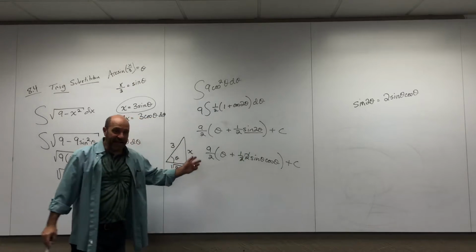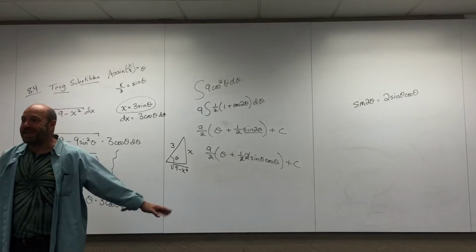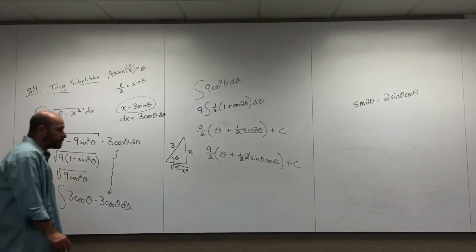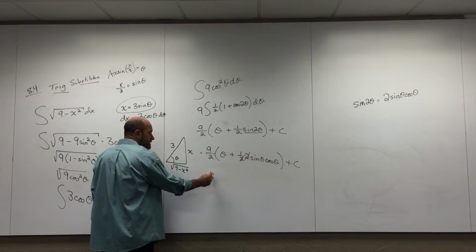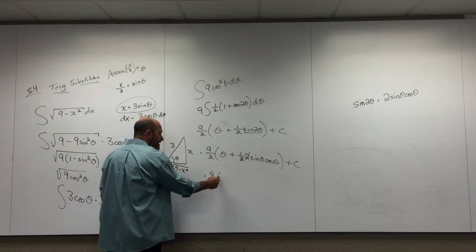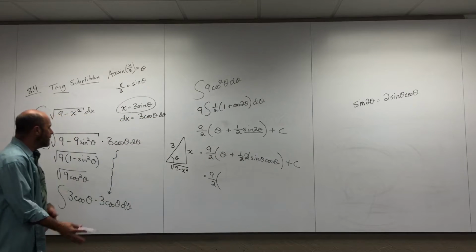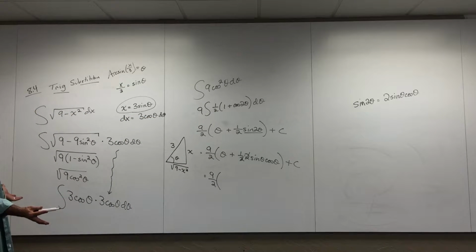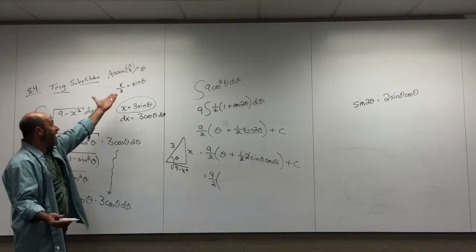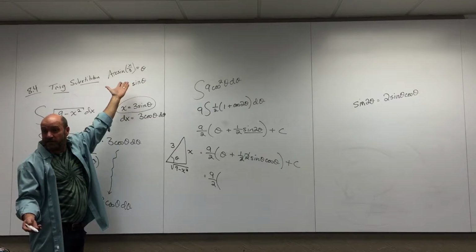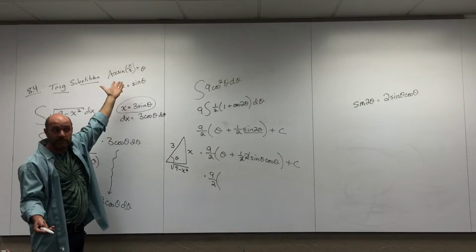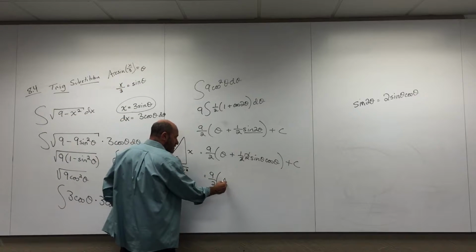And then, like I said, we're trying to turn this all back into x's. What do you think I should call theta up there? The arc sine of x over 3. That's theta.